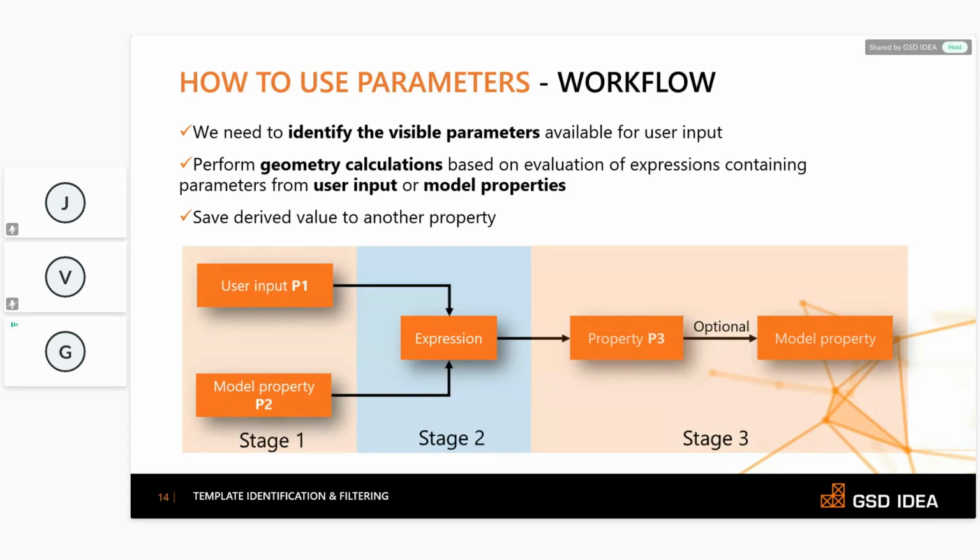And the third stage is the output property. Now that we have created the expression, the result of that expression is stored in a new or intermediate parameter. I could call it parameter 3, P3. That value can be used to create further logic, or can be pushed back to the model as a new property. And that's how the entire process inside the software works.